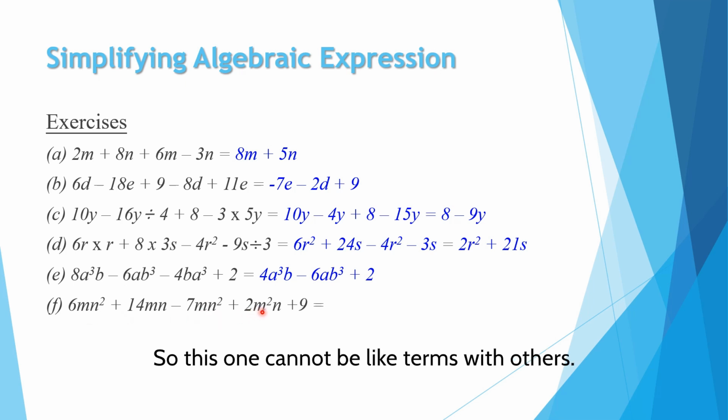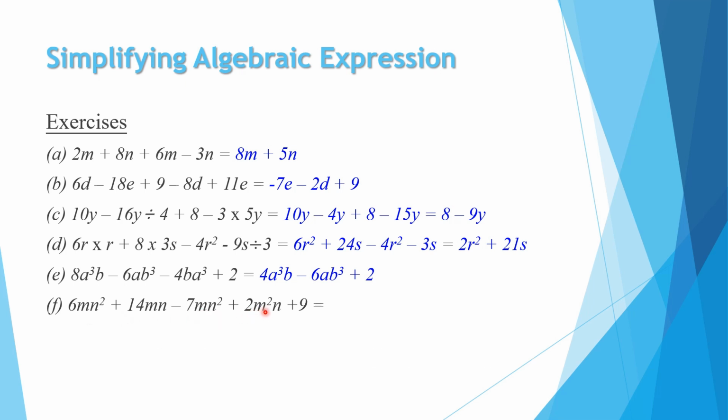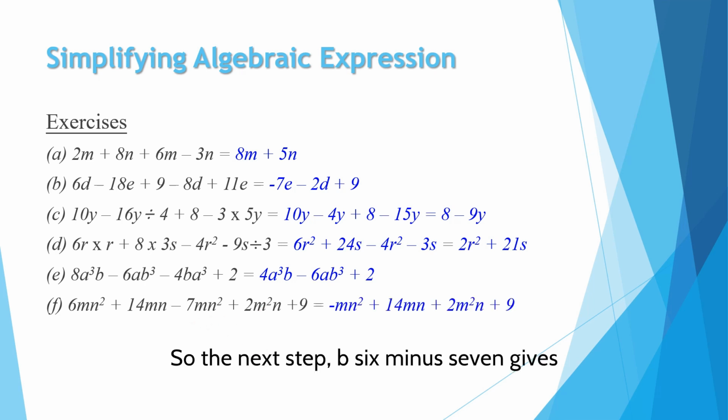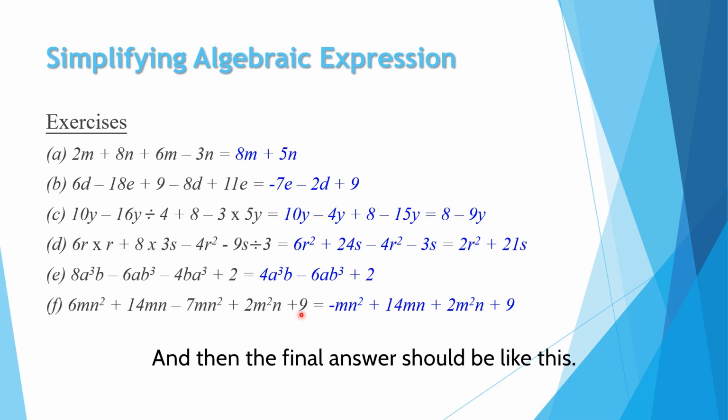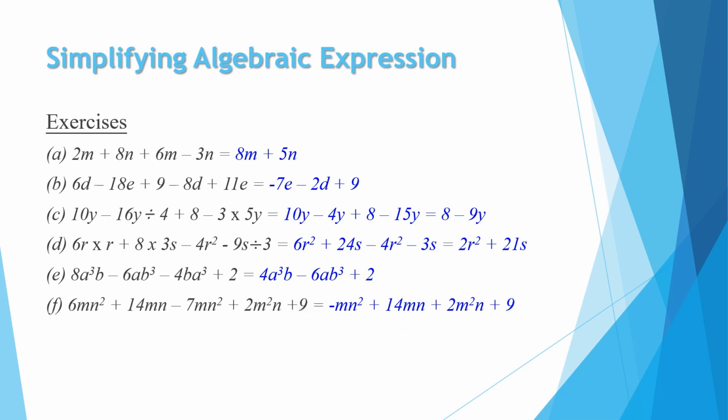So the next step will be 6 minus 7 gives rise to minus 1, and minus mn squared. Also 2m squared will be kept, 14mn will be kept, and then the final answer should be like this.